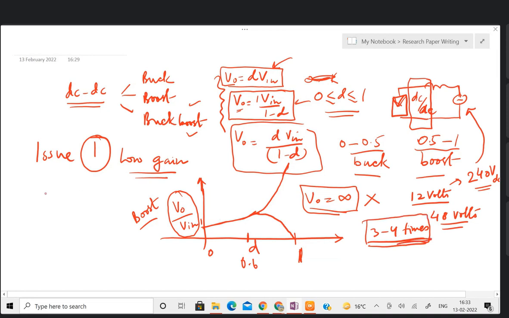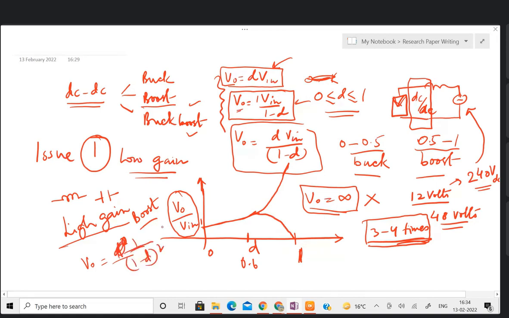So I have to change the configuration of the boost converter. I have to incorporate some other elements like inductor and capacitor and make that circuit high gain, wherein I can obtain an output voltage which is a function of say D square and things like that, which is called quadratic boost converter, or something like that, which is called high gain DC to DC converter.